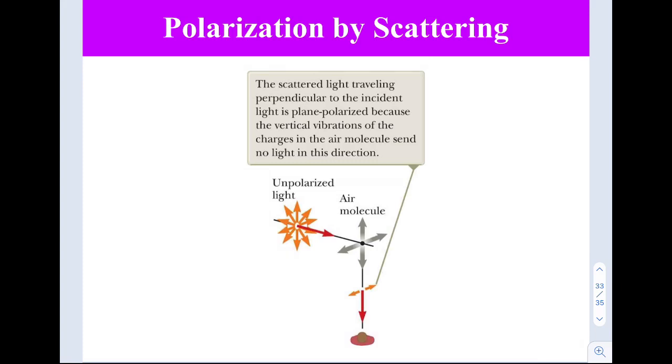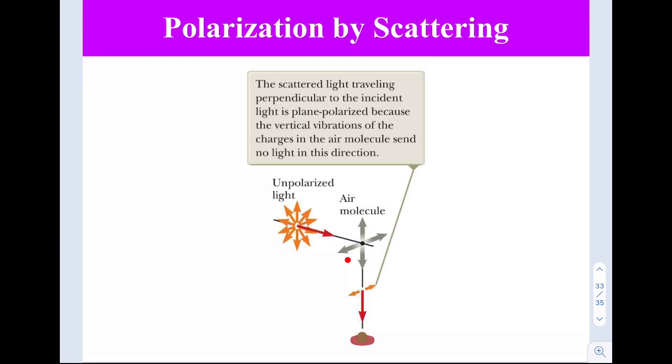This figure illustrates how sunlight becomes polarized when it is scattered. The phenomenon is similar to that creating completely polarized light upon reflection from a surface at Brewster's angle. An unpolarized beam of sunlight travelling in the horizontal direction parallel to the ground strikes a molecule of one of the gases that make up air, setting the electrons of the molecule into vibration.